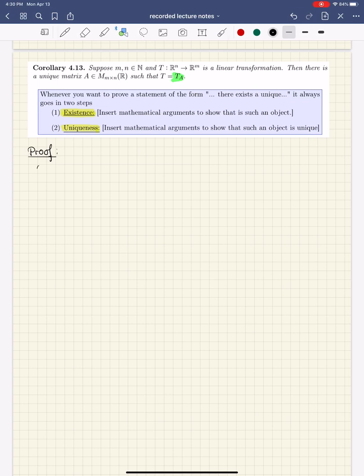Great. So, as I said, it comes in two parts. So let's start with existence. For j in 1 through n, let Vj be equal to T of Ej. So as before in the proof of T being equal to gamma alpha.